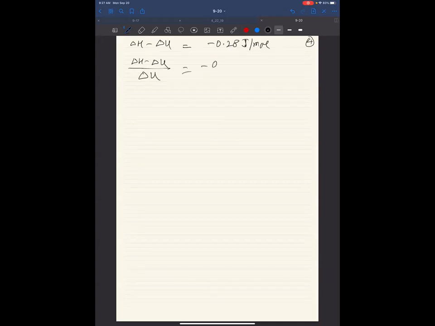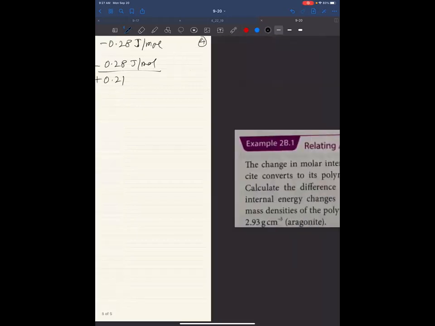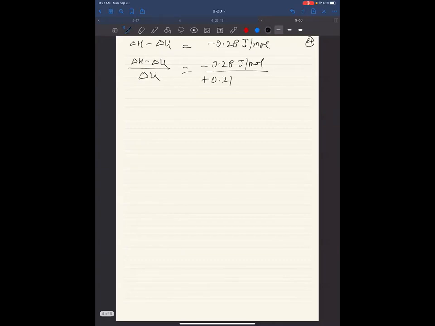That will be minus 0.28 joule per mole divided by plus 0.21. Was it plus? Yeah, it's plus 0.21 kilojoule per mole. This is approximately 0.1%. It's a small number.